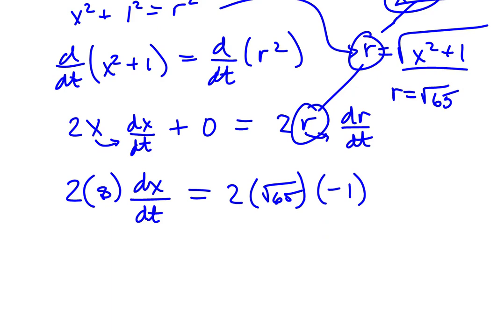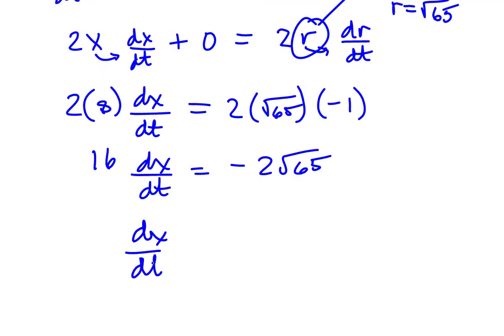Notice now what's left. We have everything except dx dt, but that's actually what we need, so we're in good shape. We could just do a little algebra now and say 16 dx dt equals -2 root 65. If we divide both sides by 16, we can reduce the 16 with this -2.